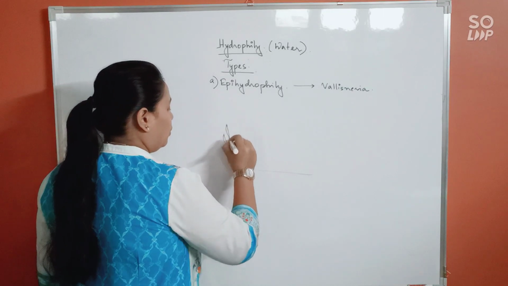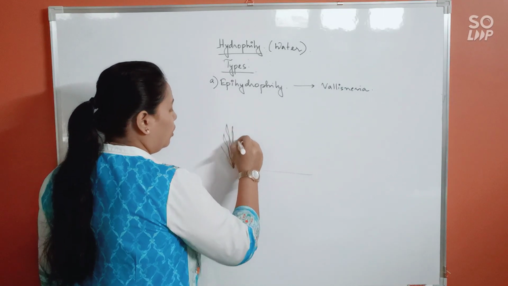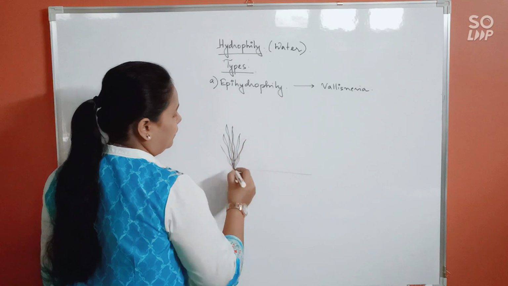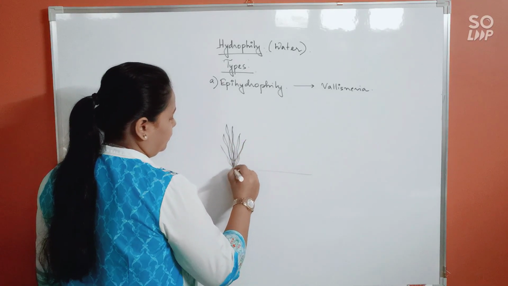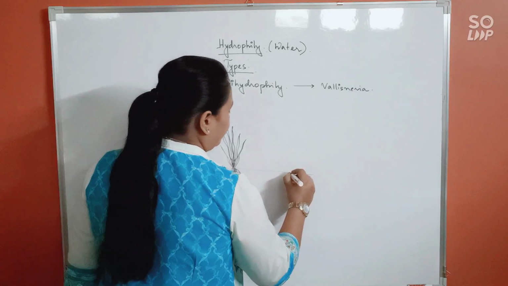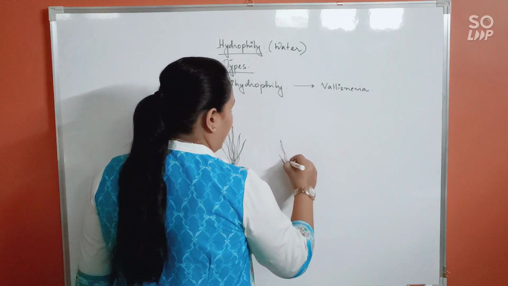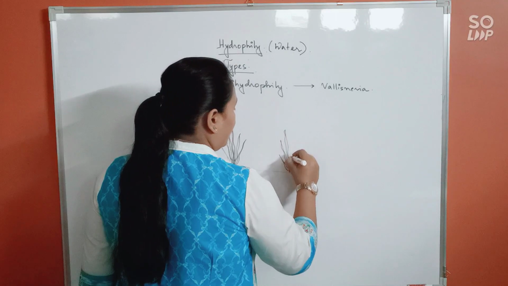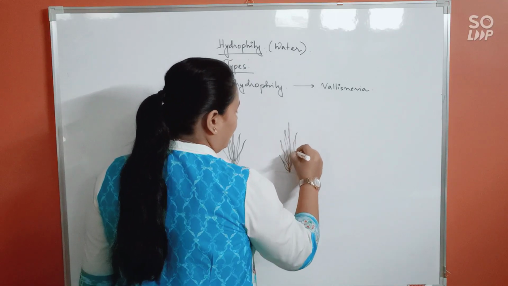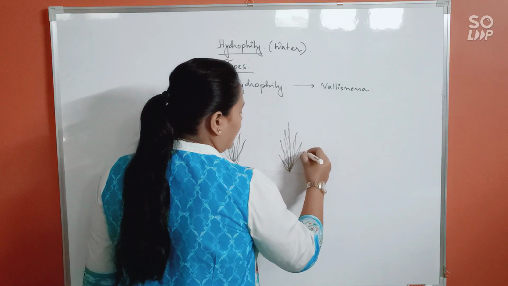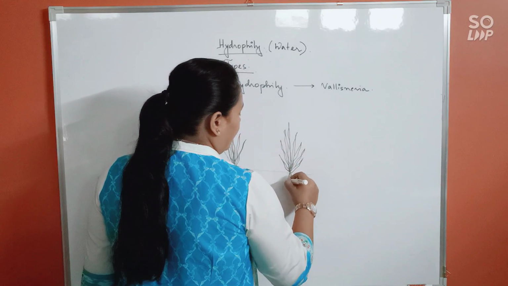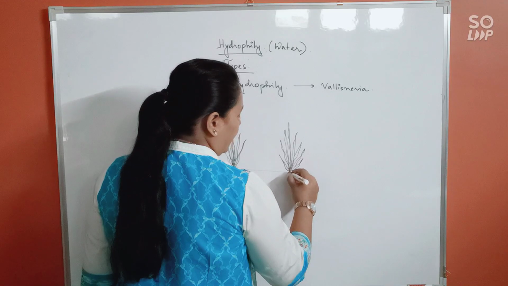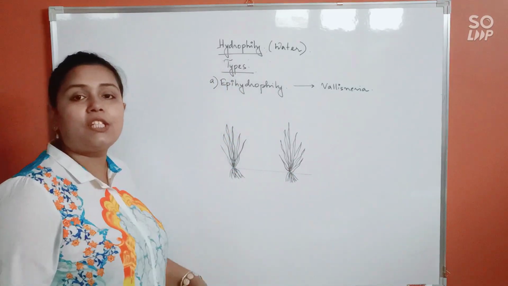It has narrow, long leaves. The narrow, long leaves are usually found in aquatic plants because they can easily withstand the water current and they do not tear off.